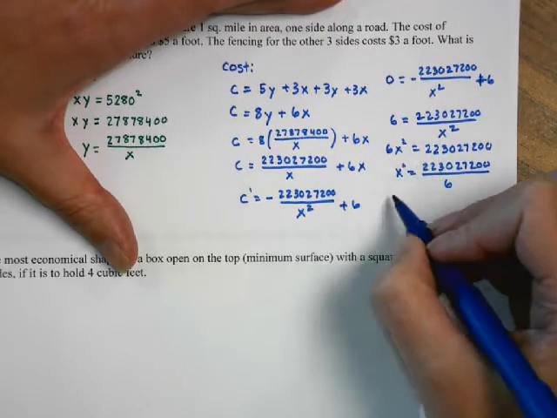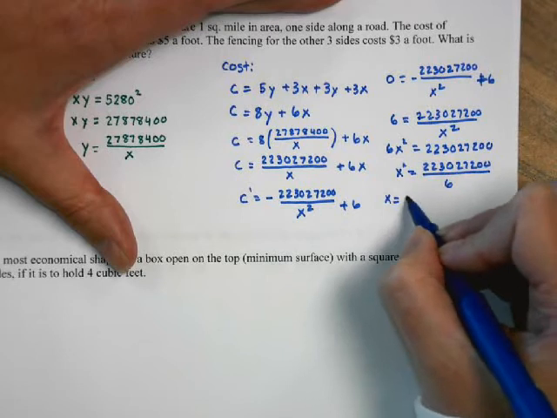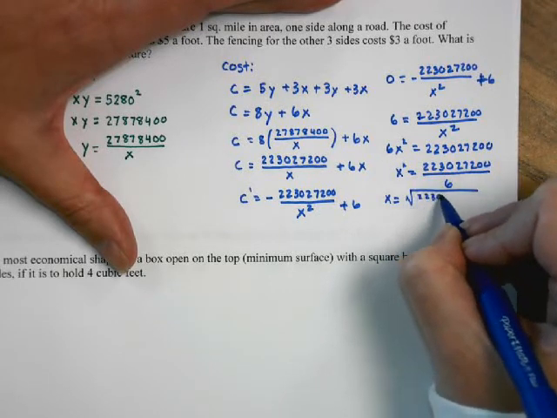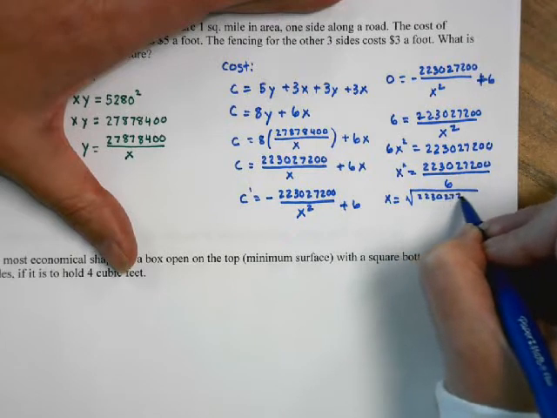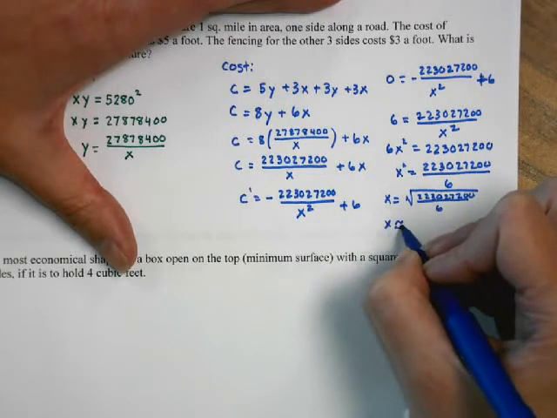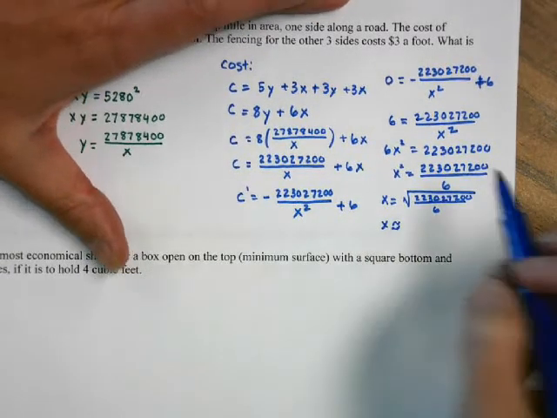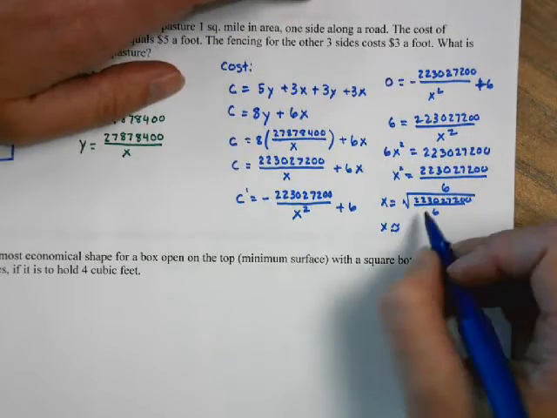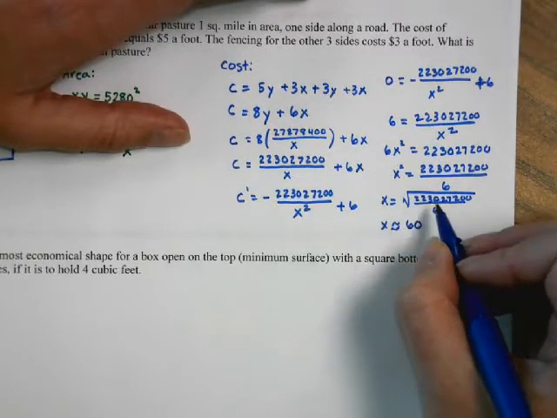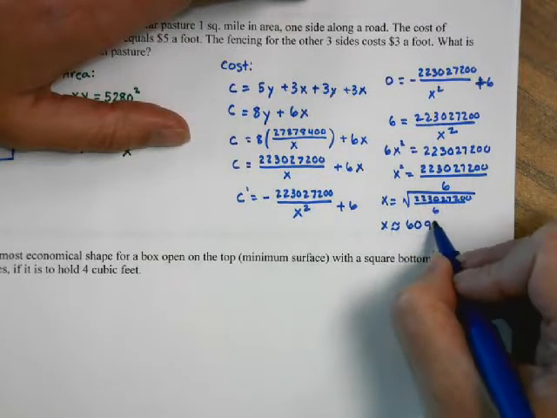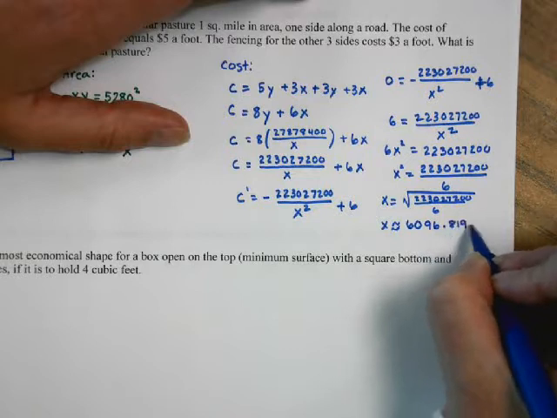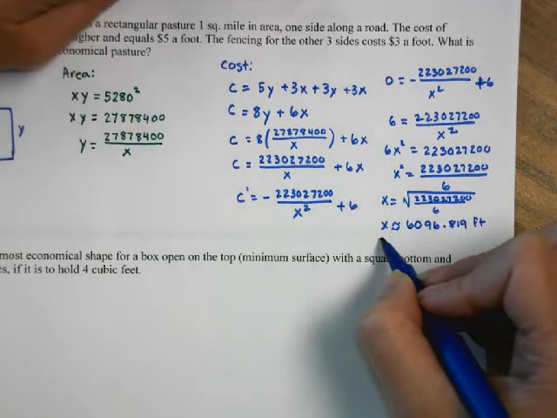That equals x squared, and then take the square root. So my x is equal to the square root of all of that. We're running low on space here. So in the calculator, you would take that and plug that in, and that gets you approximately 6,096.819 feet in the x direction.